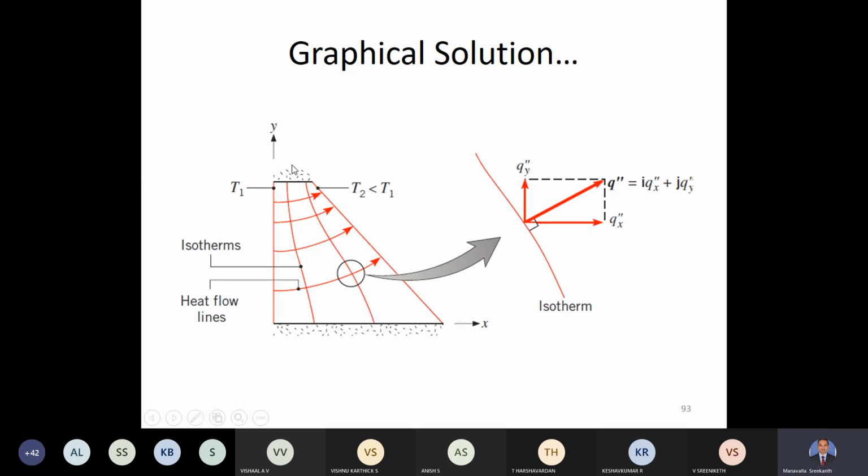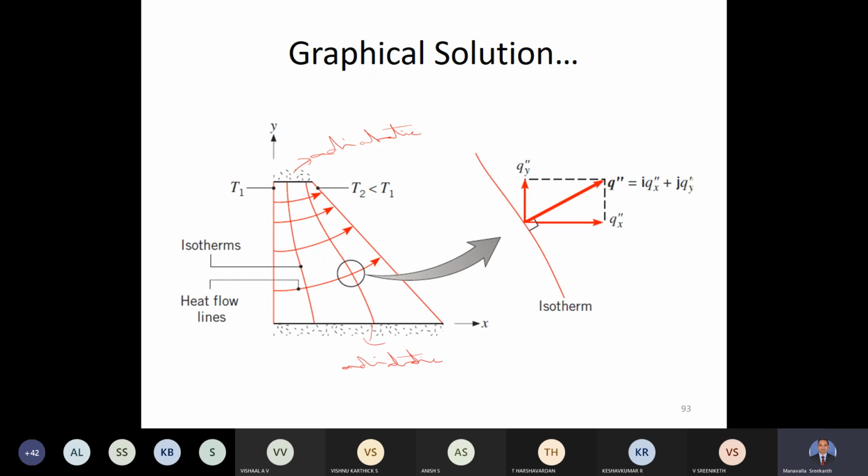Okay. Now you see this representation means that this is adiabatic. So this is adiabatic. This also is adiabatic. So remember, for using the graphical solution, only adiabatic and isothermal boundary conditions are allowed.